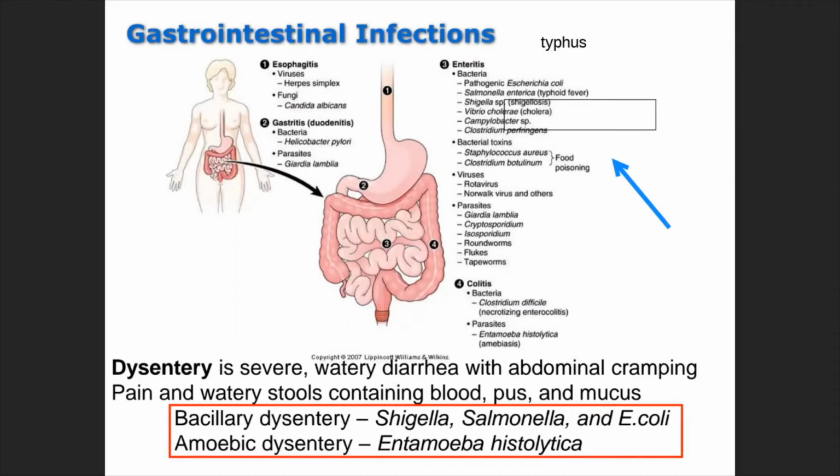One of my first papers was on using polymerase chain reaction to detect Salmonella enterica. That was 1990, my first paper, and we showed that you can detect it in the traditional way.